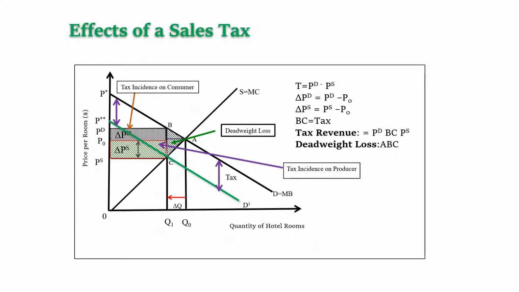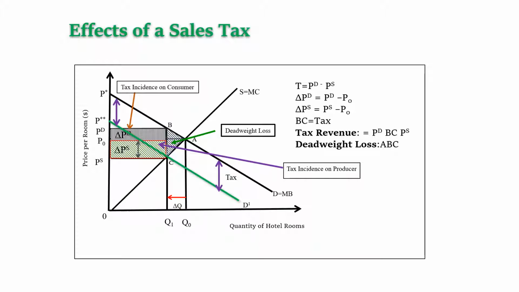And then the loss in producer surplus as a result of the tax is P naught, A, C, PS. So this trapezoid, P naught, A, C, and PS, represents the loss in producer surplus.